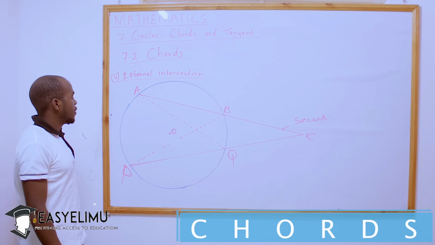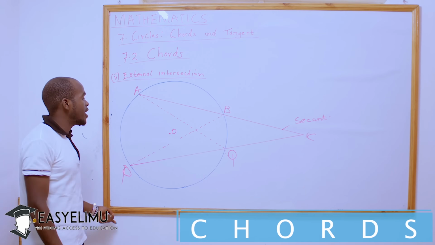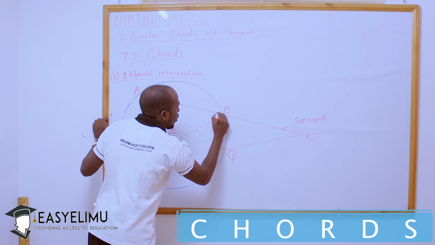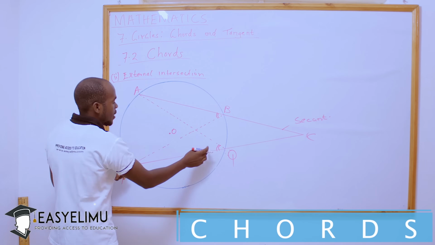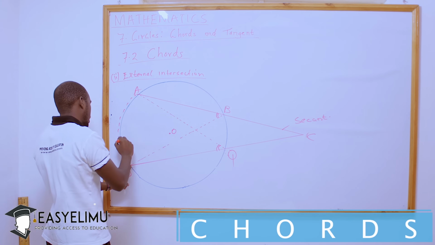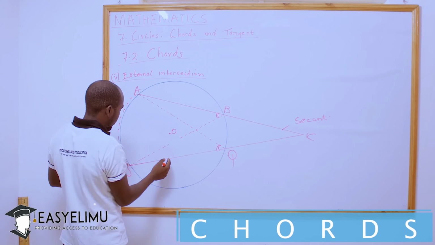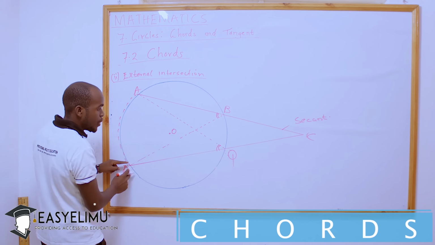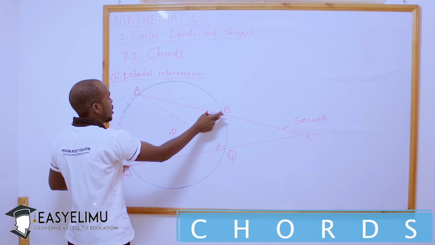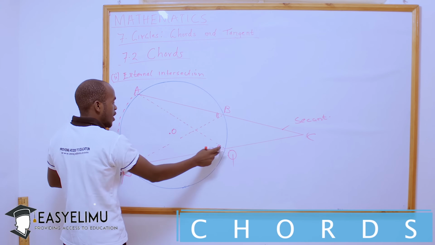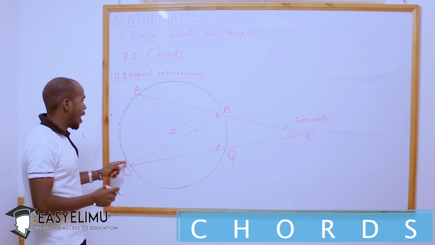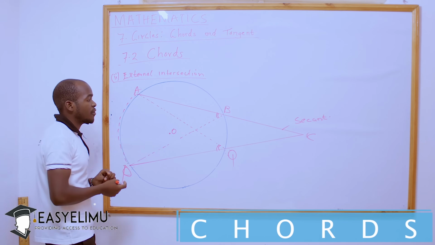We shall find that from the previous, this angle here will be similar to the angle there, because they are sharing the same arc length. We can see that this angle here, angle PQA, is equal to angle PBA, because they are subtended by the same arc length to the circumference of the circle.